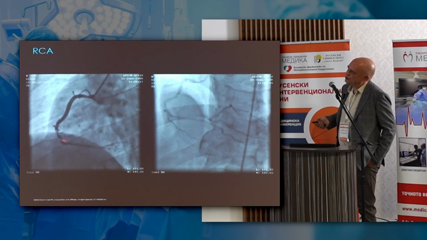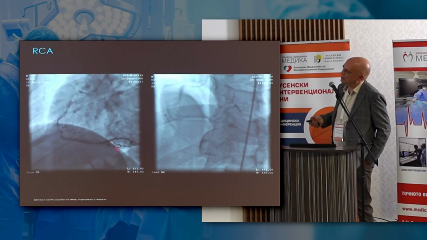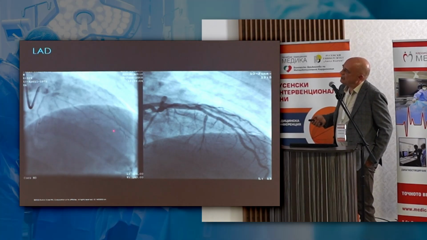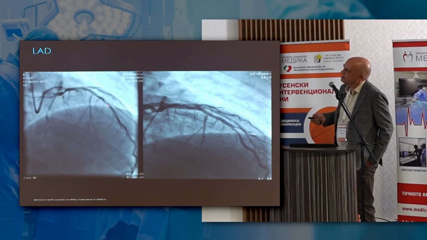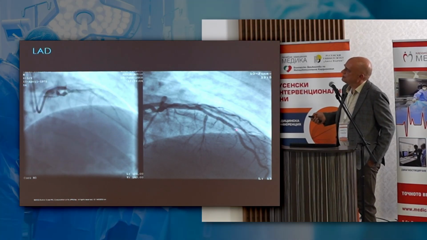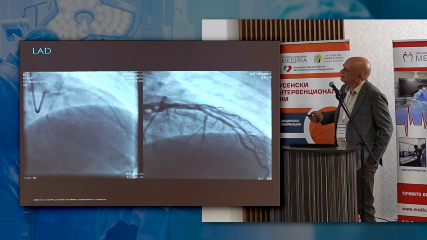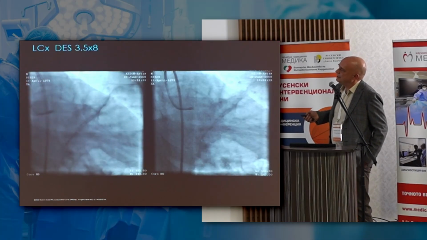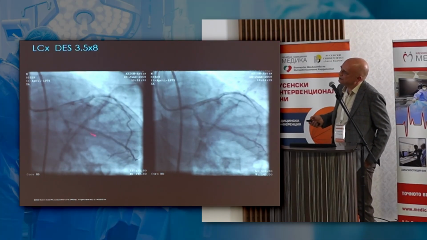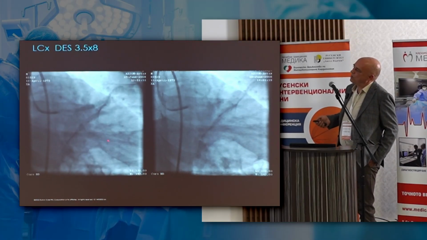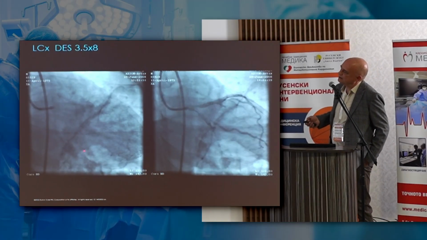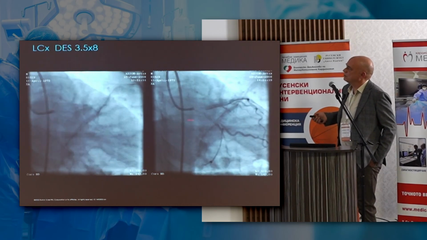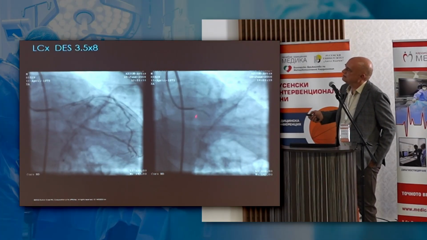You can see here a lesion in the mid-distal RCA and one lesion before the crux, and this was the result after stenting. On the left side, we have a long diffuse lesion in the LAD, which was treated with two overlapping drug-eluting stents. You can appreciate here that the stent expansion is suboptimal. On the circ, we had a proximal lesion, then a lesion on the obtuse marginal 1, and occlusion of the distal circ with a significant distal OM branch. So our operator was exhausted, and he put in just the proximal stent.